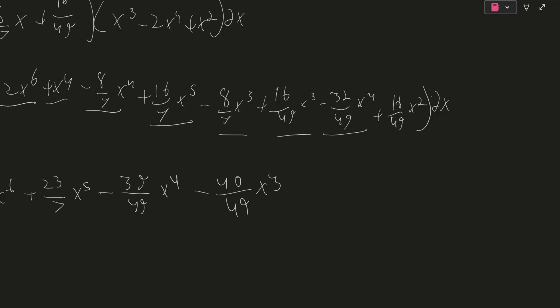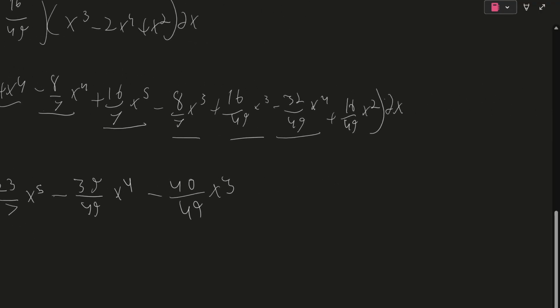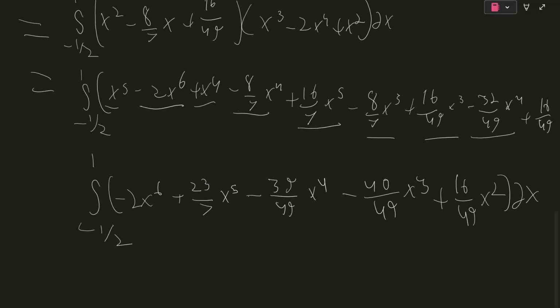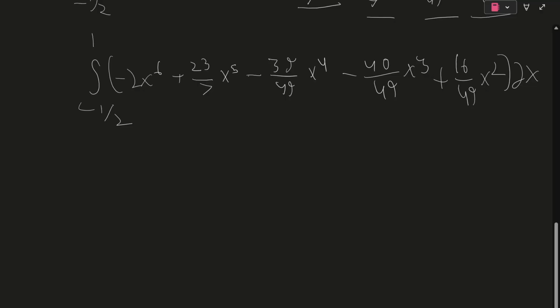And now finally we have just our x squared terms, which is only one term, so plus 16 over 49 x squared. So this dx. And now we can actually go ahead and integrate.